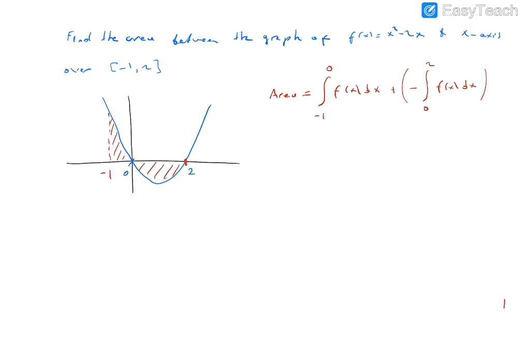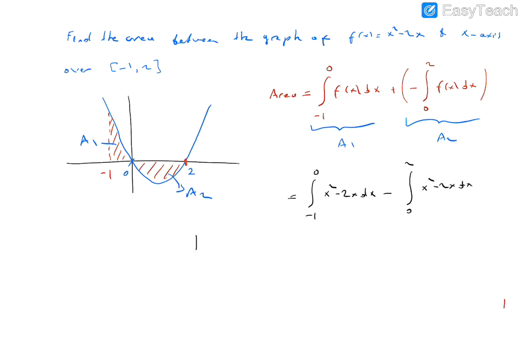Maybe you can say this is area 1 and this is area 2. So by calculating these integrals, you can find the area: the integral from minus 1 to 0 of x squared minus 2x dx, minus the integral from 0 to 2 of x squared minus 2x dx.